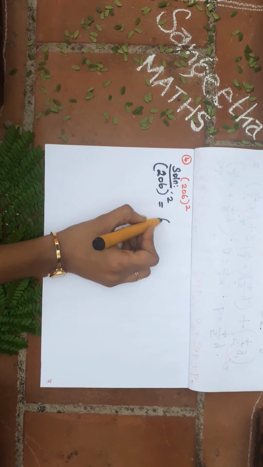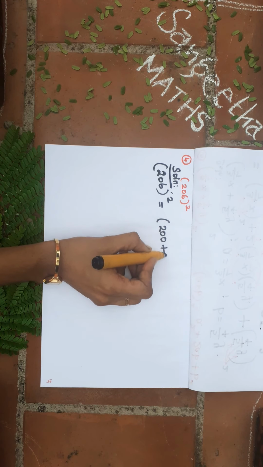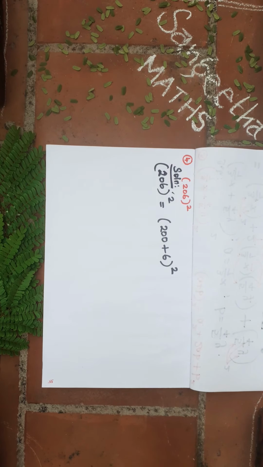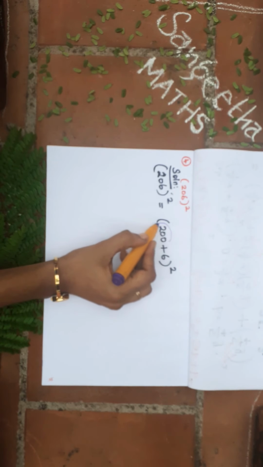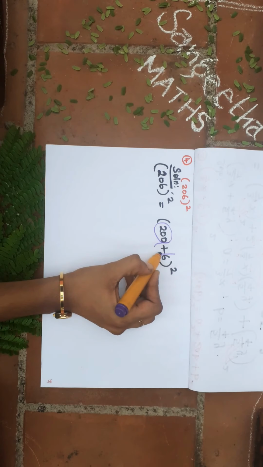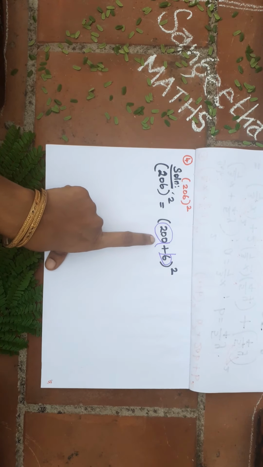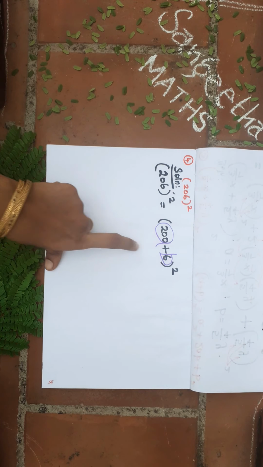I'm going to split it as (200 plus 6) the whole square, where this 200 is going to be A and 6 is going to be my B. Suppose for example 104, if they give 104 the whole square, you can split it as 100 plus 4. Why? Because if you take multiples of hundreds or tens and zeros, the calculation would be easy for you.